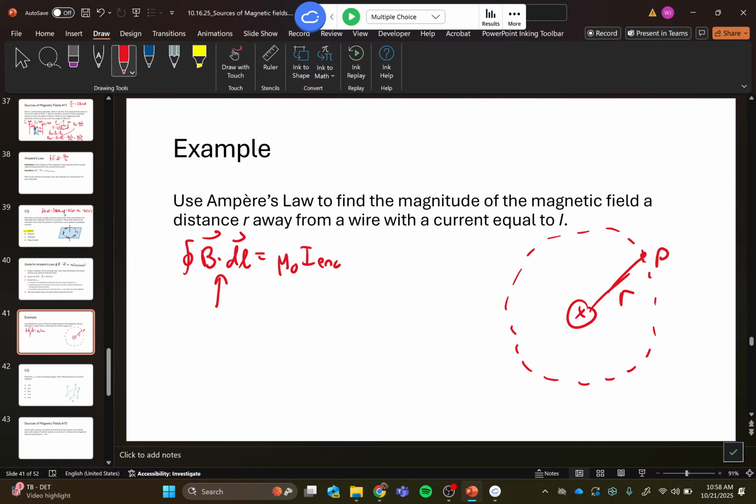So this turns into B times 2 pi r, because the length around a circle is that. Great. The right side is mu naught. What's my current enclosed? It's just I. It's literally all of it. You can tell from the picture it's all of it. Rearrange this equation. B equals mu naught I over 2 pi r.